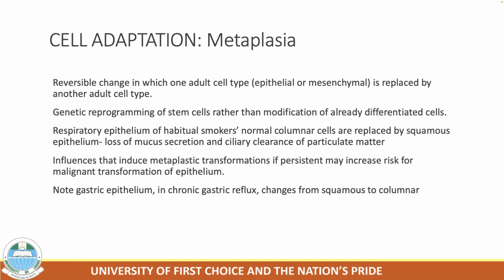Now, important to note that for gastric epithelium, right, in chronic gastric reflux or gastritis, what happens is the opposite. It is squamous cells that are usually exposed to the acid that change to columnar cells. They are not ciliated in this case.